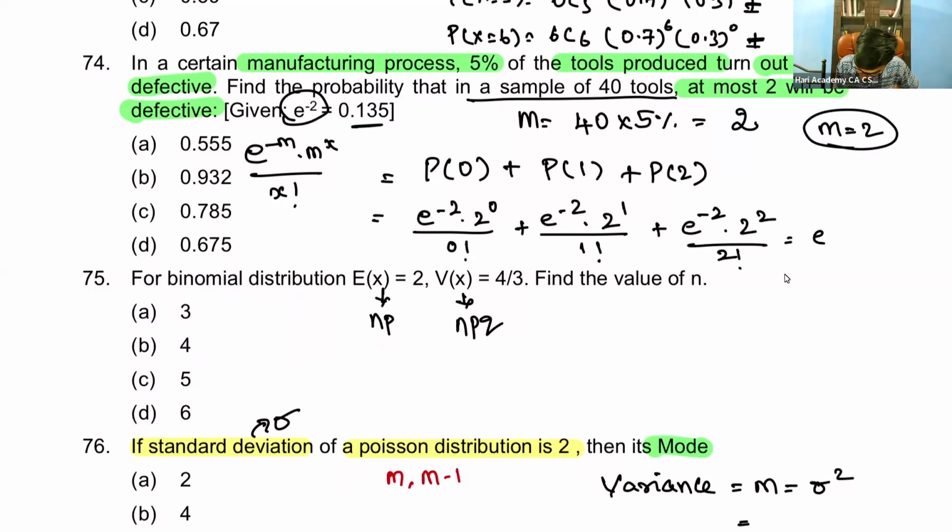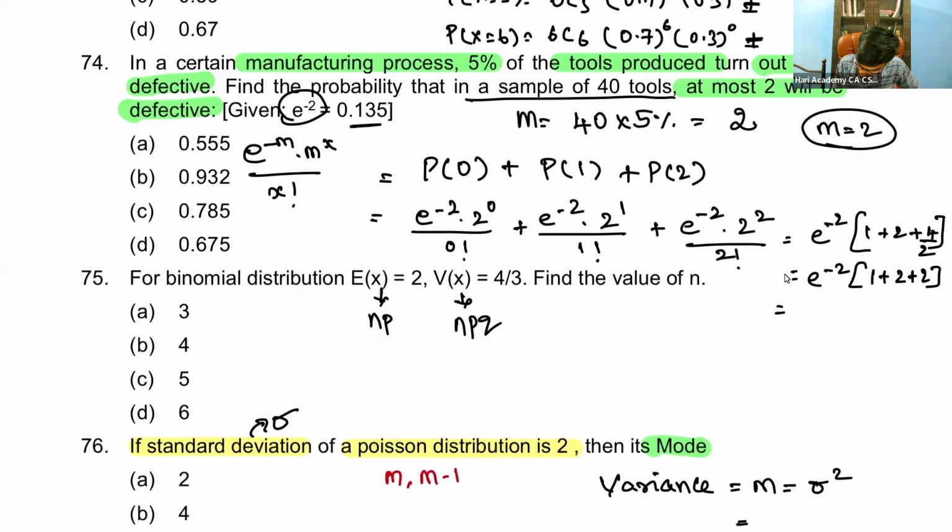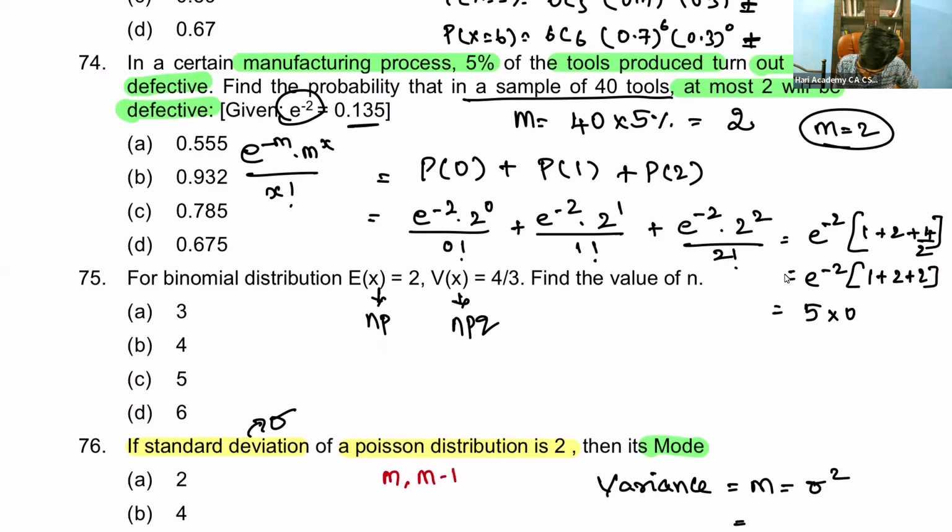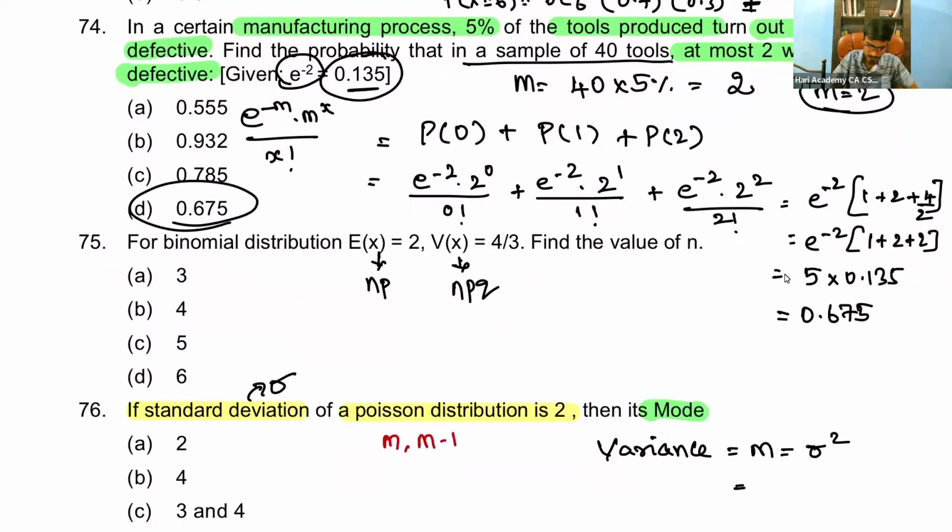If I take e power minus 2 outside, 2 power 0 will become 1, 2 power 1 will become 2, 2 square will become 4 divided by 2, that is 2. If I solve, e power minus 2 into 1 plus 2 plus 2, it will become 5. 5 into 0.135, the e value they have given, I am substituting it. 0.135 into 5, the final value is 0.675. So option D is my answer.